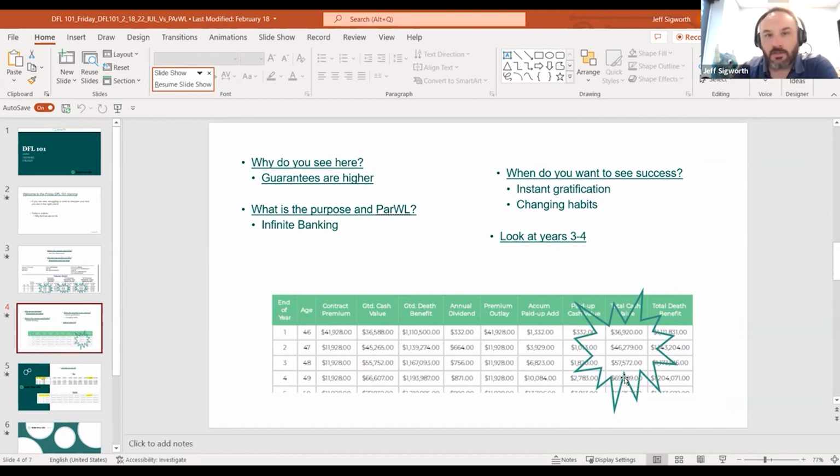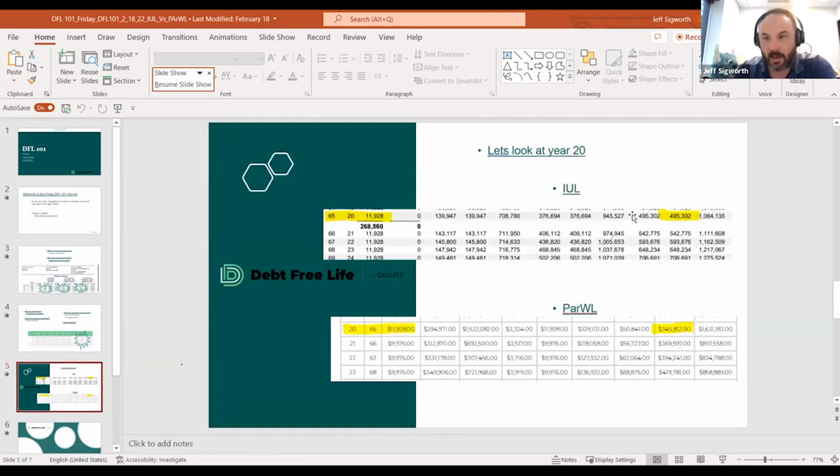So what's part of the thing that we really want to do with infinite banking and with DFL? We want to change their habits. We want to get them success right away. We don't want them to sit there for 4 or 5 years until they have traction. We want to see this thing make an impact right away. So in 20 years, the IUL is $495,000.